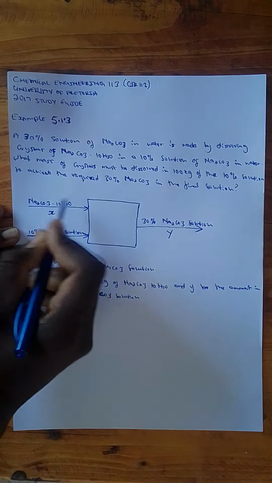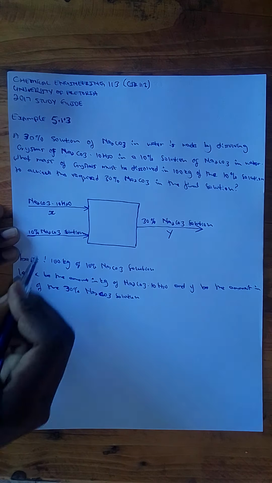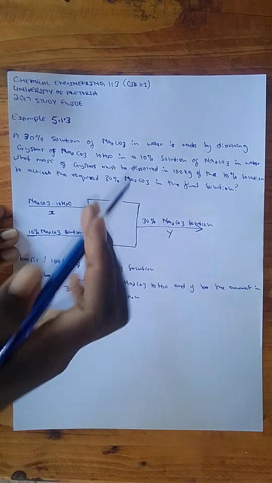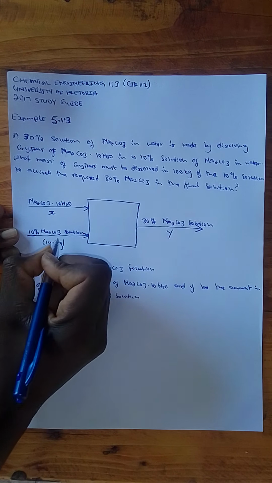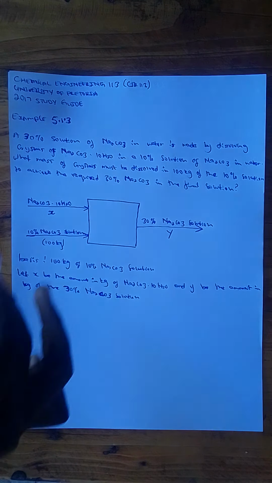So we have defined our two streams as X and Y, and we already know that this is actually 100 kilograms. So we need to calculate this and that.